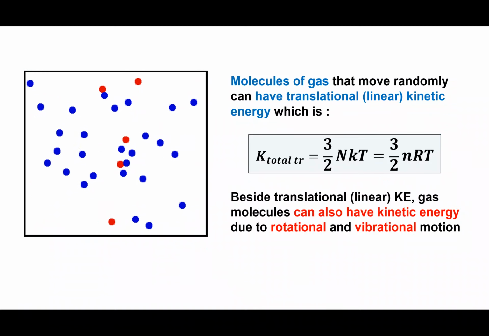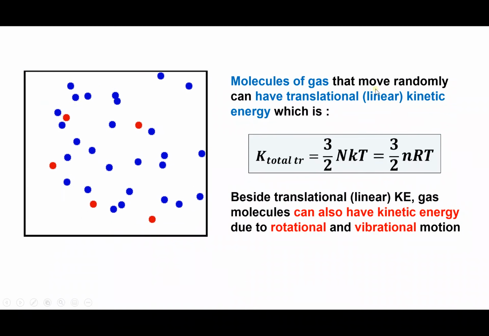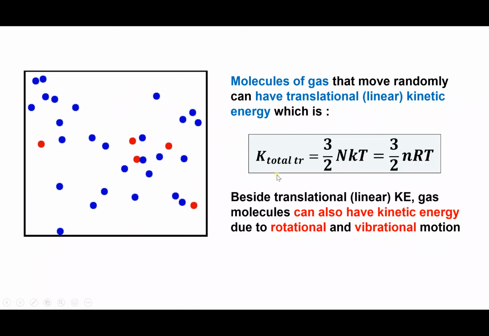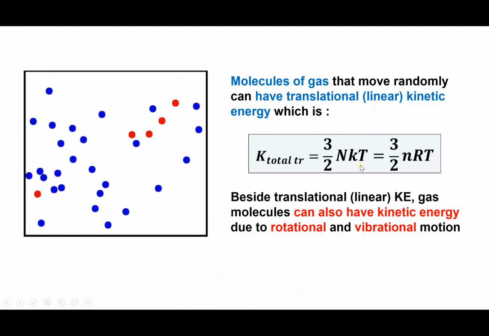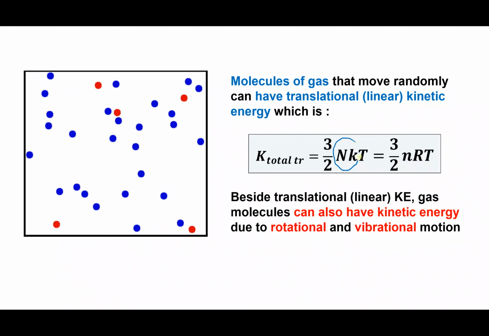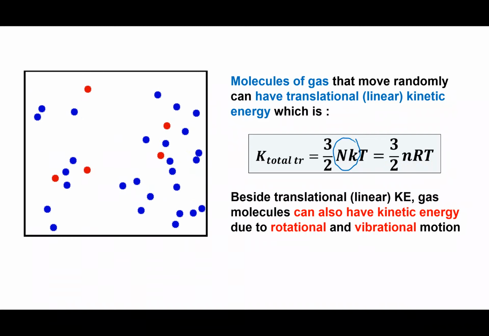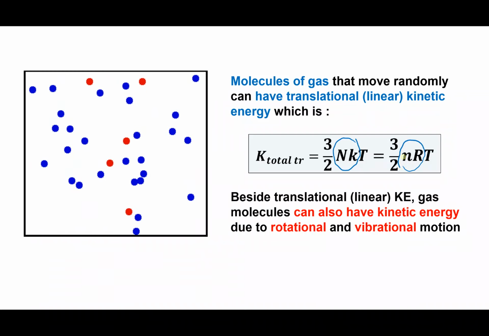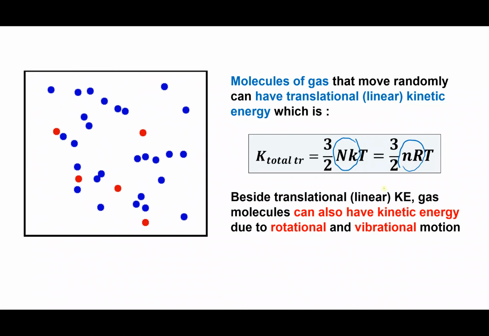Okay. Since we know that the molecules that move randomly can have translational ataupun linear kinetic energy, which is 3/2 NkT ataupun 3/2 nRT. So yang ni you kena tengok, kalau you guna number of molecules, you akan darabkan dengan Boltzmann constant. Kalau you ada number of moles of molecules, you kena darabkan dengan gas constant, which is 8.31.